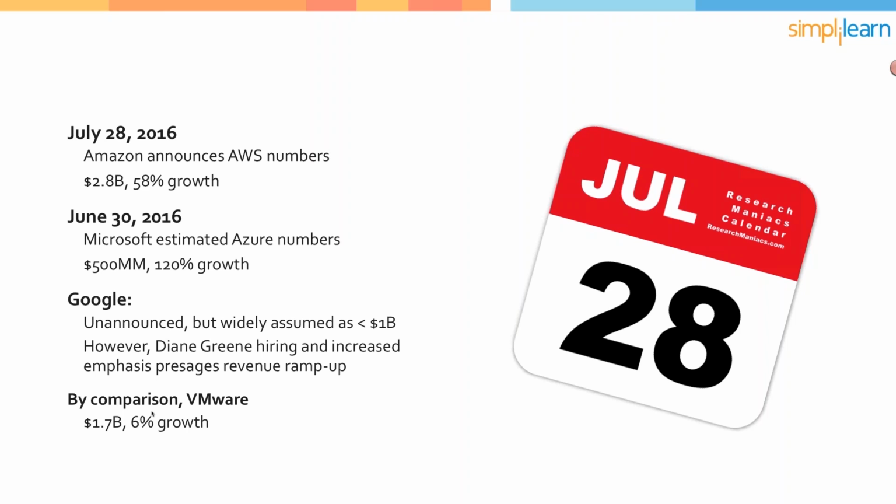That's about a $2 billion run rate, growing at 100% plus per year. Obviously quite impressive. And Google is probably considered the third of the big three, but it's the smallest of the big three.